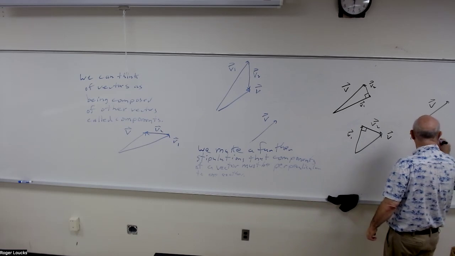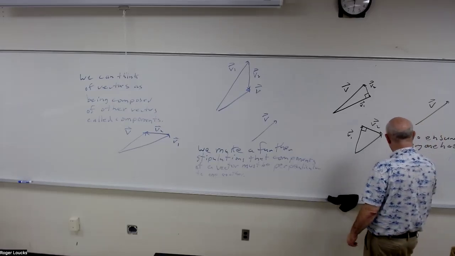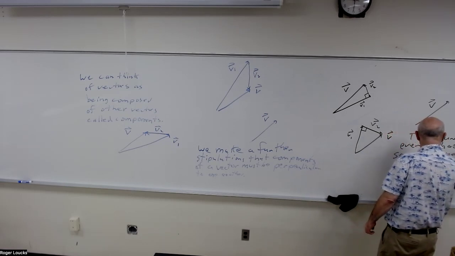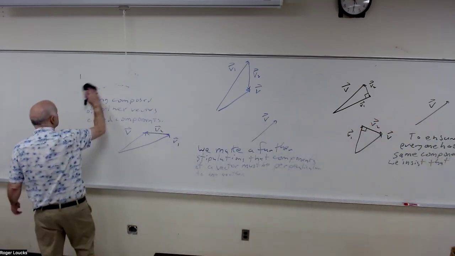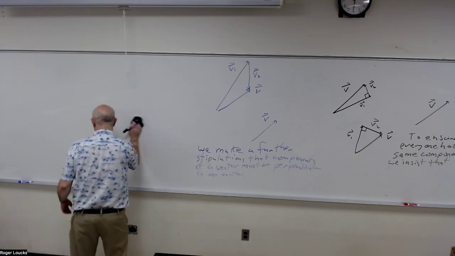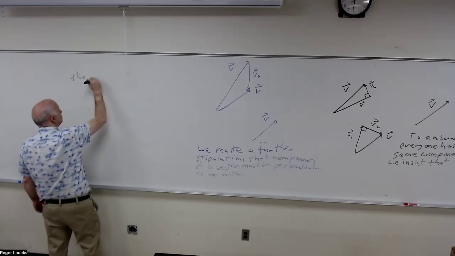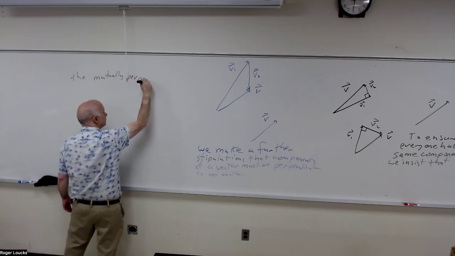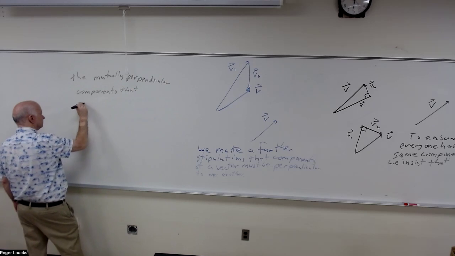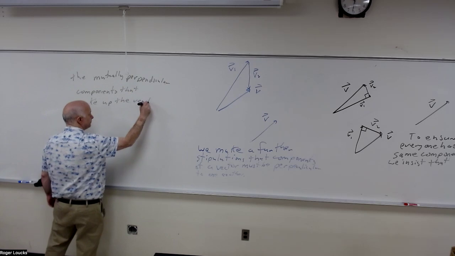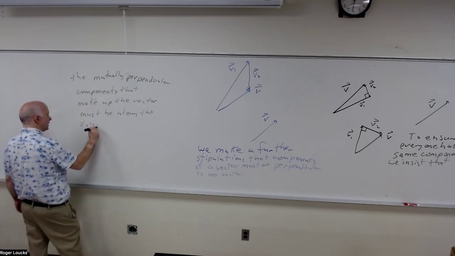So to ensure that everyone has the same components, we insist that the mutually perpendicular components that make up the vector must be along the x, y, and z axis.